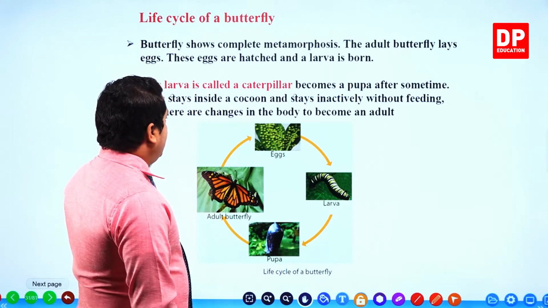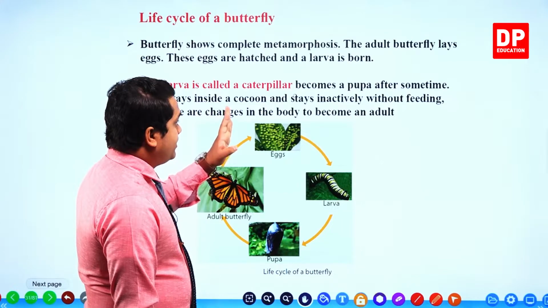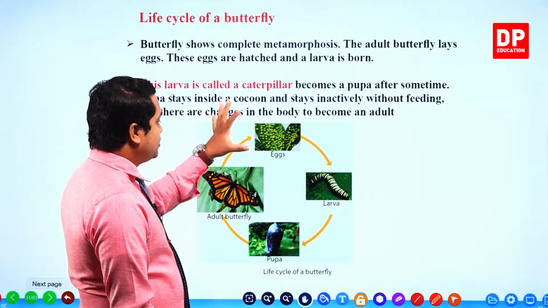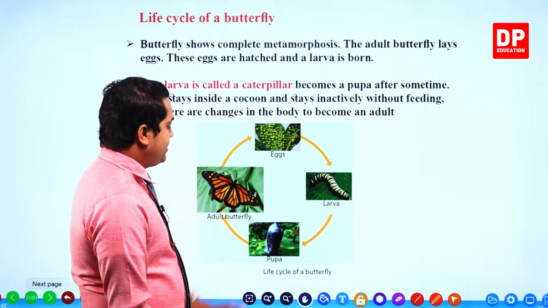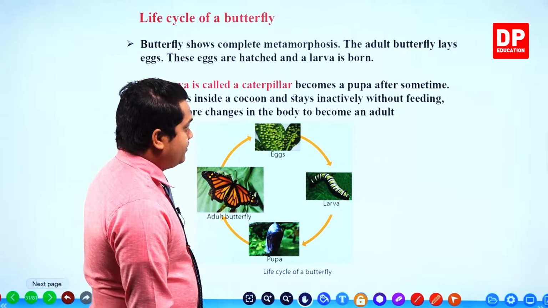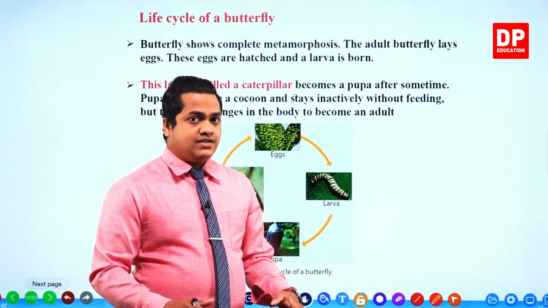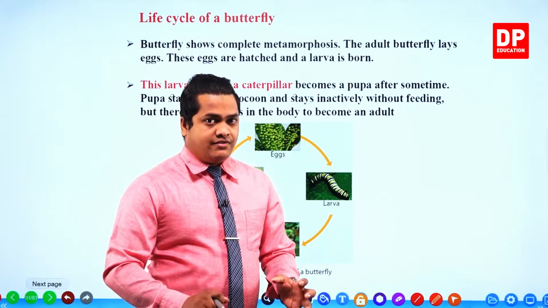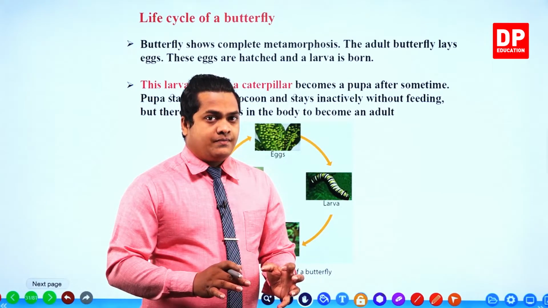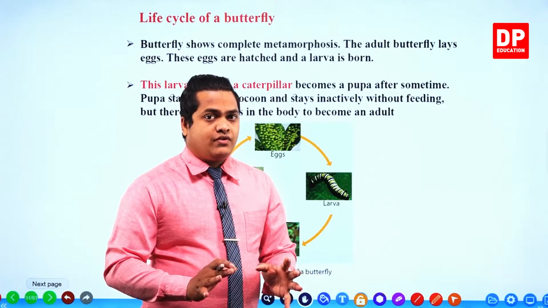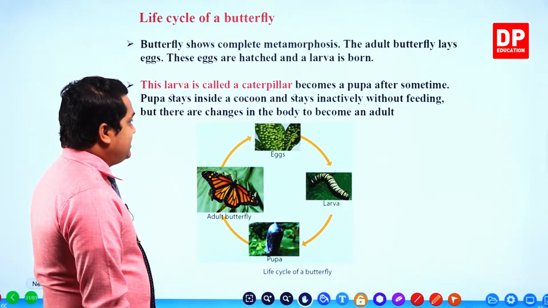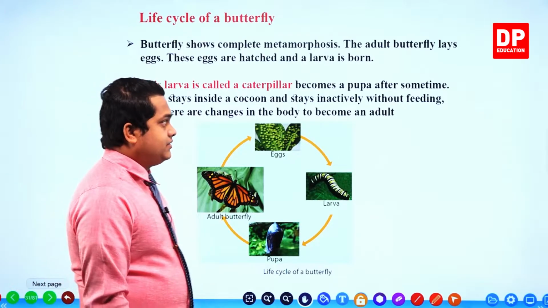So the larva is getting converted into a pupa after some time. Then the pupa stays inside a cocoon, and stays inactively without feeding. The nutrition contained within the cocoon is enough. Okay, it's not going to feed again, right? But there are changes in the body to become an adult.